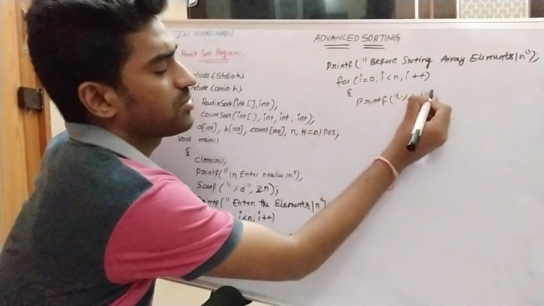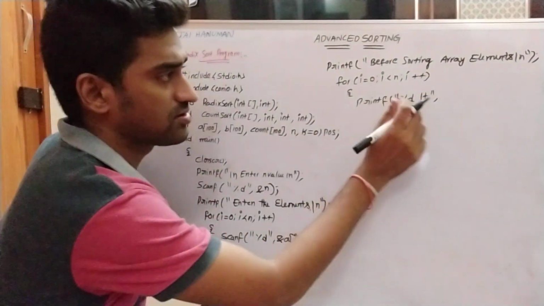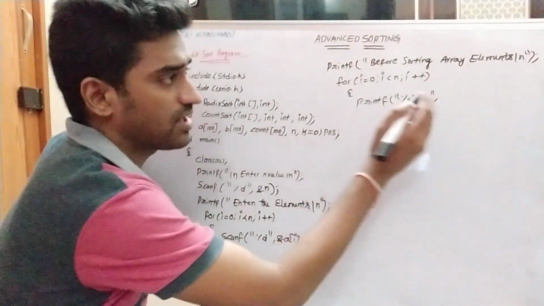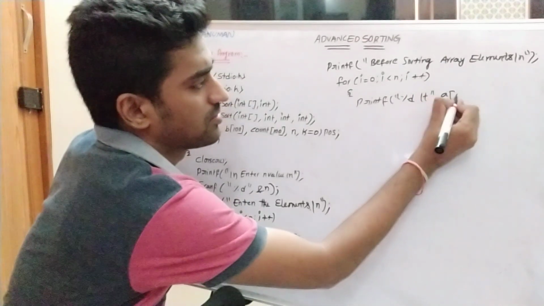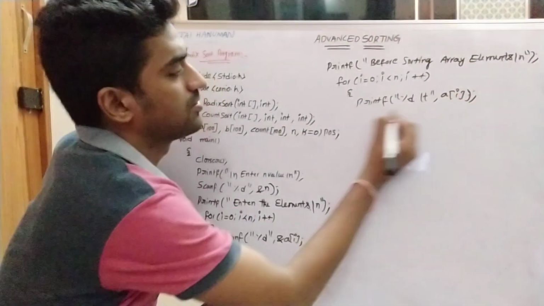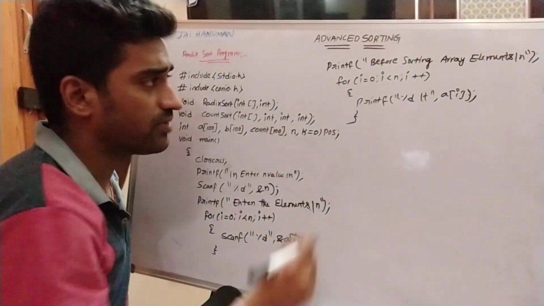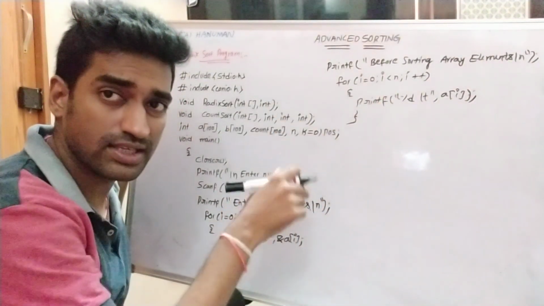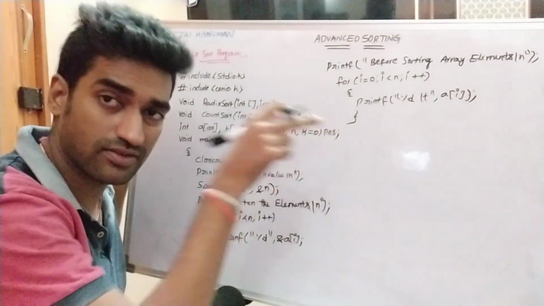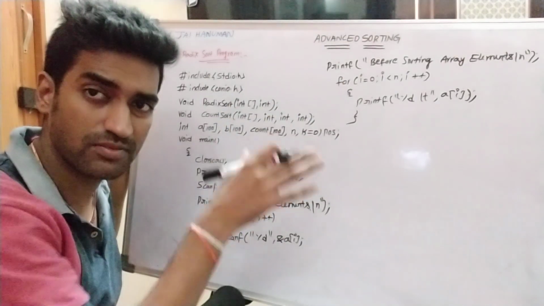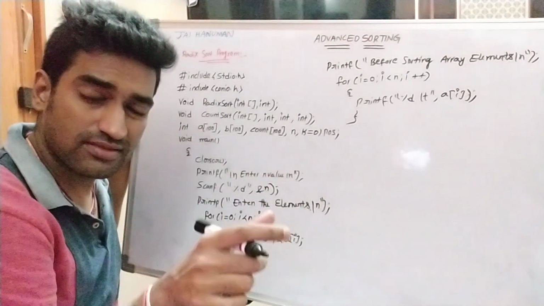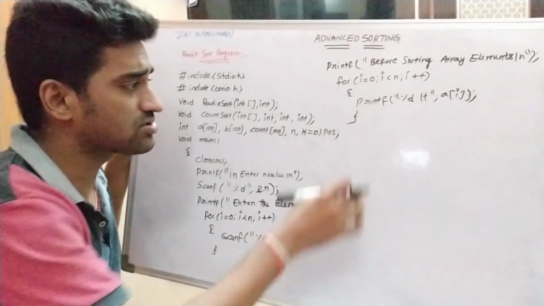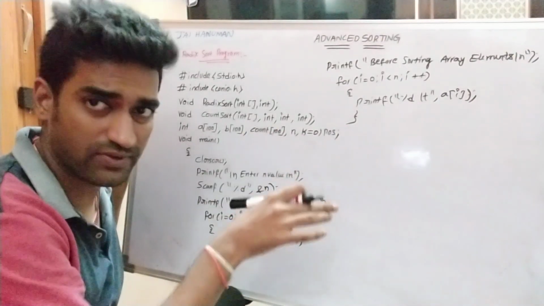Here we are applying horizontal space between element to element, so that's why I am specifying the \t character constant. Fine. Now once we have printed all the elements, we can call the radix sort function. Based on that function definition, we can sort all the elements. After sorting, we can get the resultant value, which is stored in the array, right?